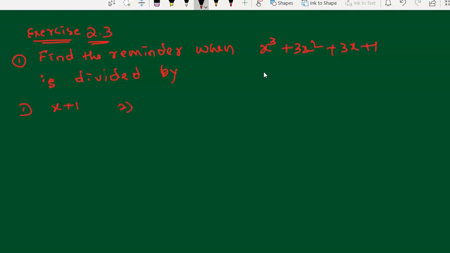Second, if that polynomial is divided by x minus 1 by 2, what is the remainder?